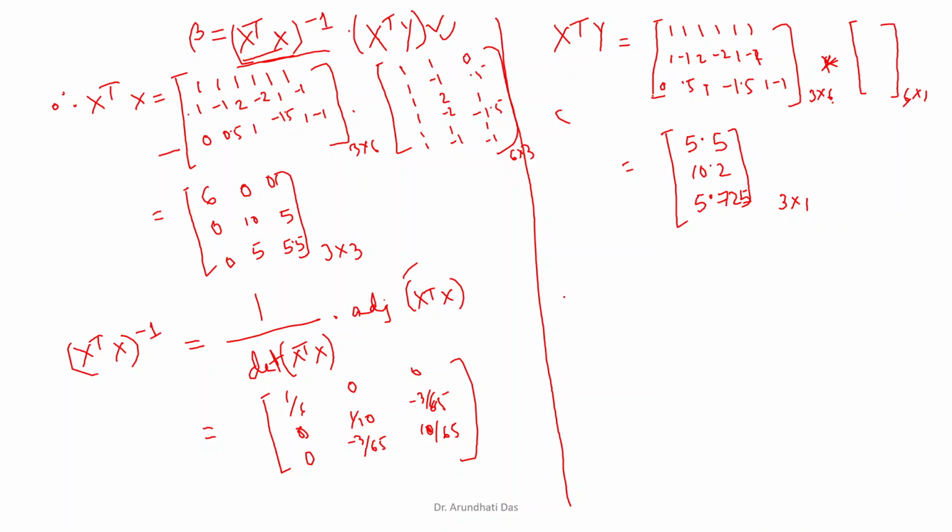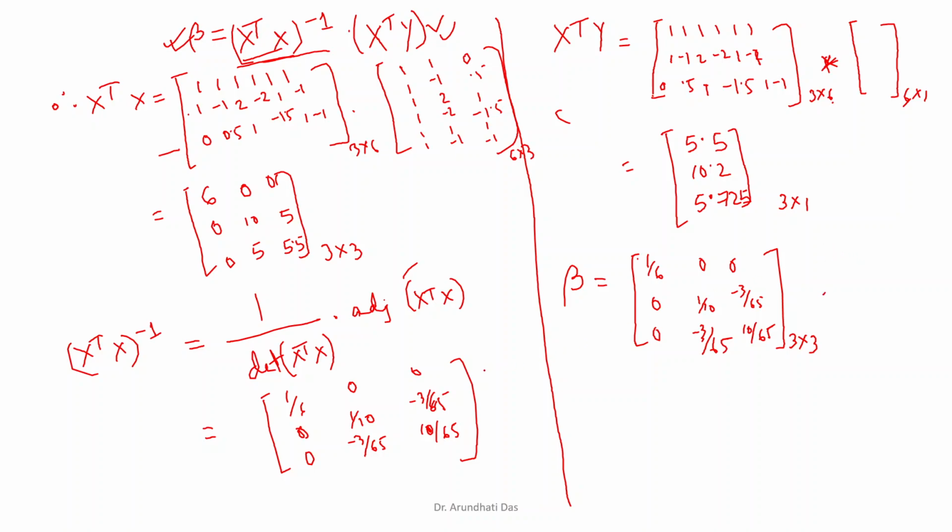Since I now have both the values with me, I can directly calculate the beta values, right? Beta will be this first part, which was 1 by 6, 0, 0, 0, 1 by 10, minus 3 by 65, and 0, minus 3 by 65 and 10 by 65, which was a 3 by 3 matrix, correct?